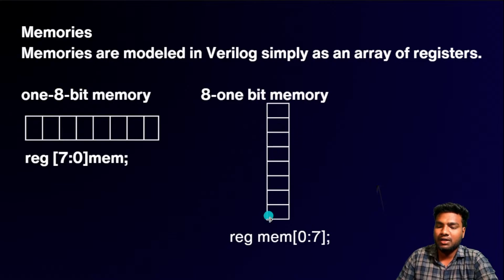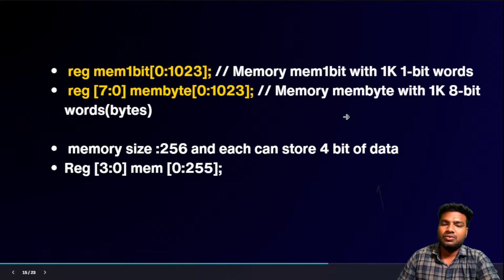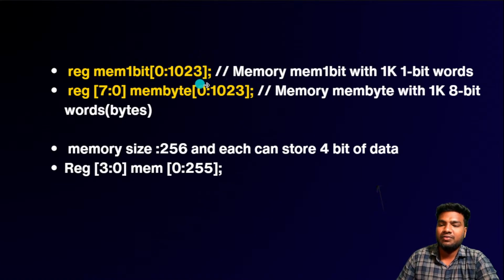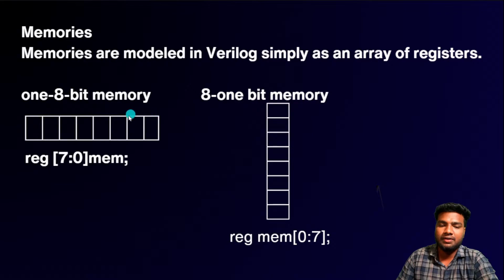So it has 8 memory locations. Then 0 down to 0 is the register data type, this is the variable name, the array name. And 0 down to 1023 means it has locations from 0 to 1023.